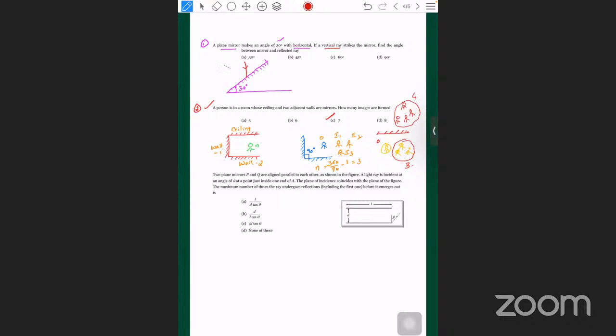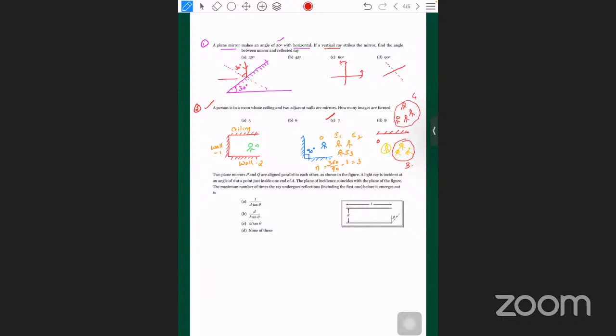So if I say this is the normal, what should be this angle then? So 30 degrees, no? Yes, sir. This is horizontal, this is vertical. If horizontal is tilted like this, vertical is also tilted. Yes, sir. If horizontal is tilted by 30 degrees, vertical line is also tilted by 30 degrees, sir.